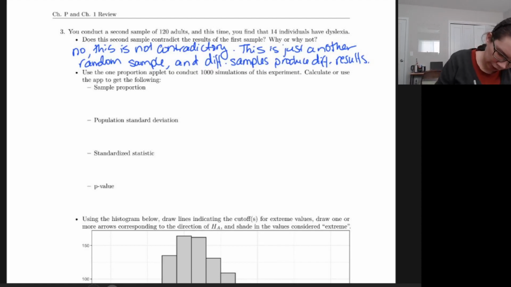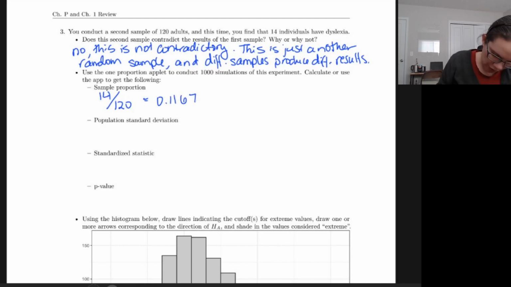Our sample proportion is 14 successes out of 120, which is 0.1167.